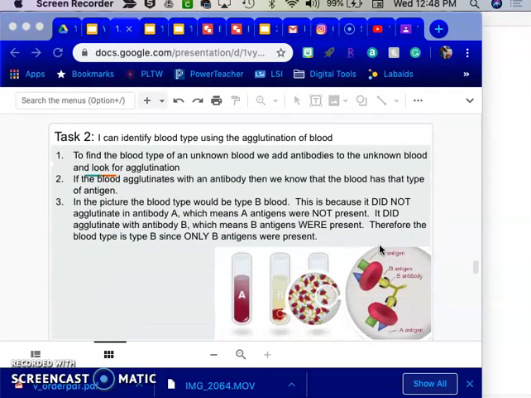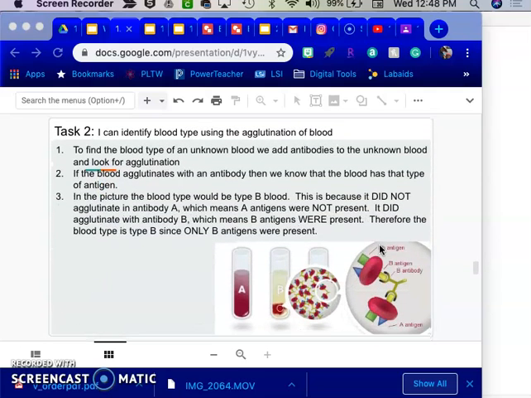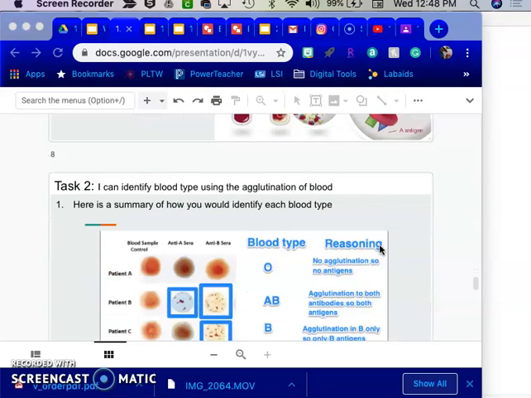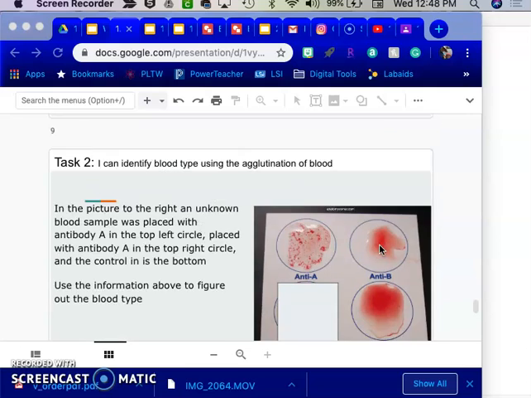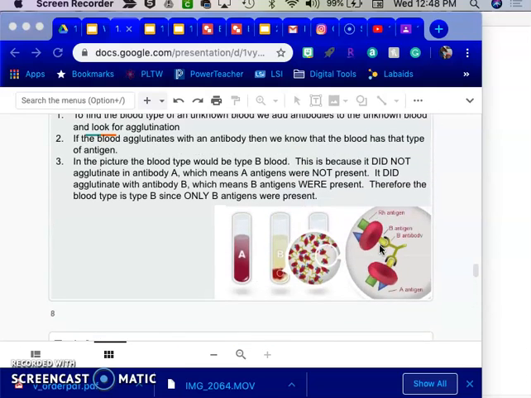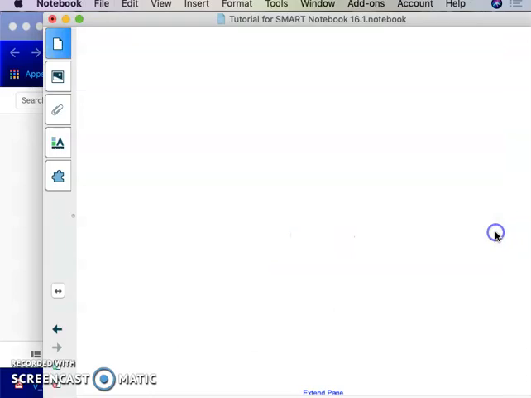All right, now, how does this agglutination factor help us? You can look through this PowerPoint, but I'm going to help you with this little chart. It's not too hard. It's actually super easy. So we have type A first, and we're going to mix type A with A antibody.